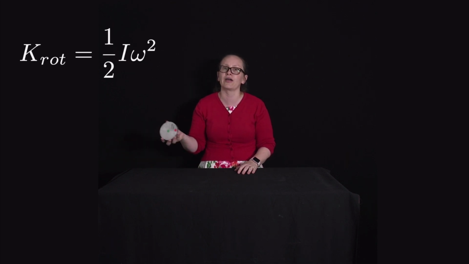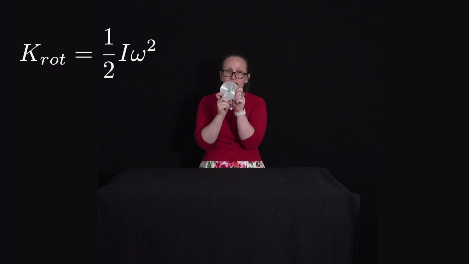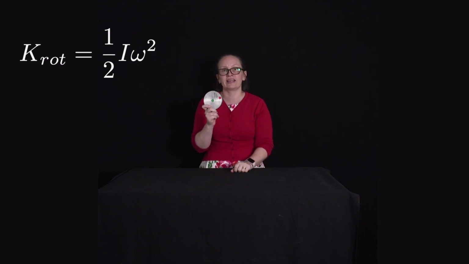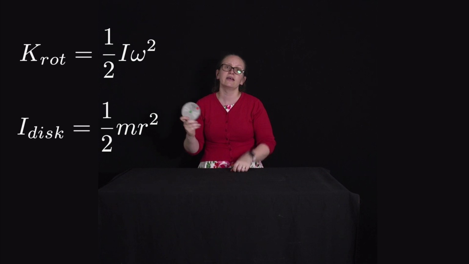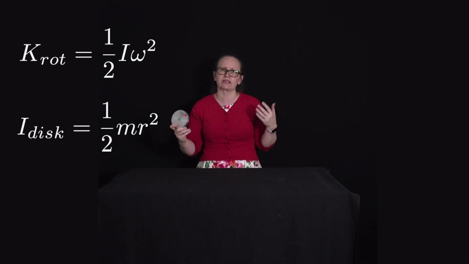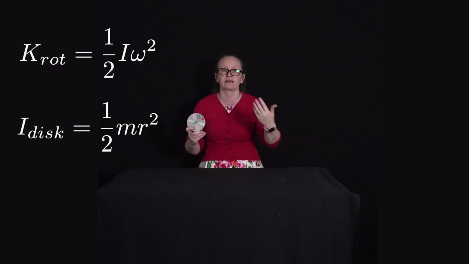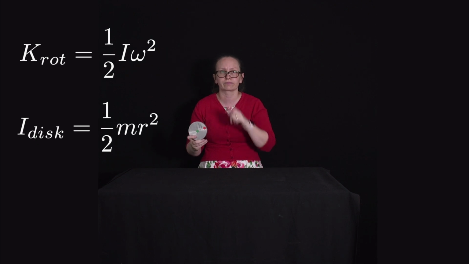So the rotational motion also has an associated kinetic energy. So the kinetic energy of the rotational motion is given by a half I omega squared. For a disk like this one, the I is given by a half mr squared, but this holds for any shaped object which could have a different moment of inertia.